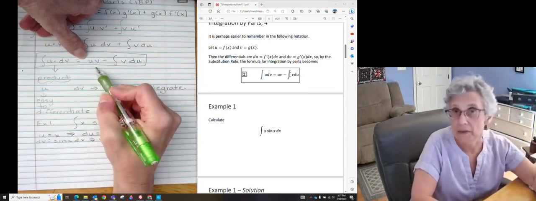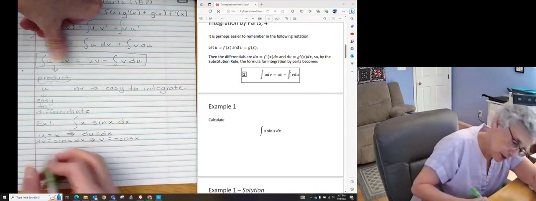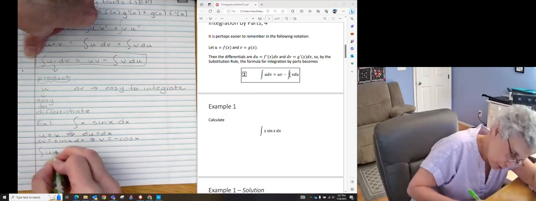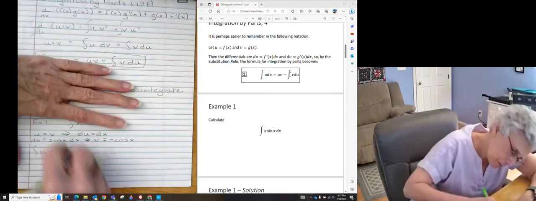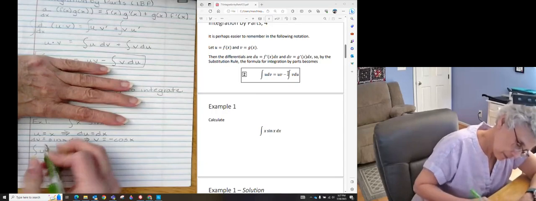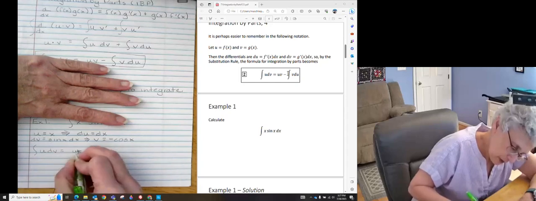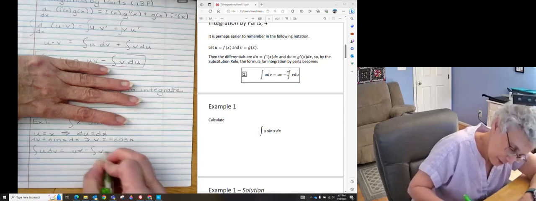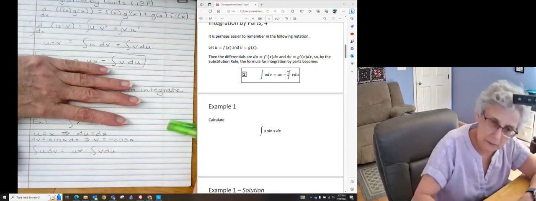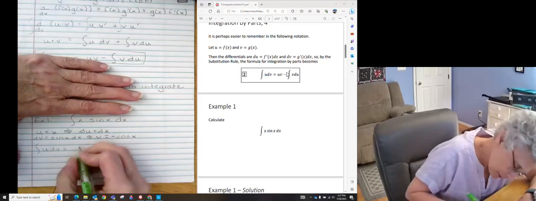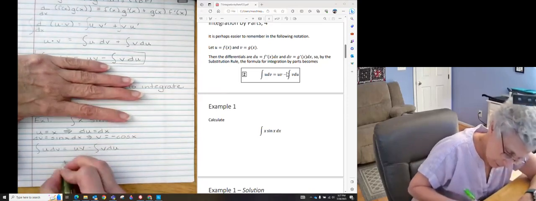If you want to write this down over and over again to help you remember it, the integral of u dv is equal to uv minus the integral of v du. I really can write u times v.